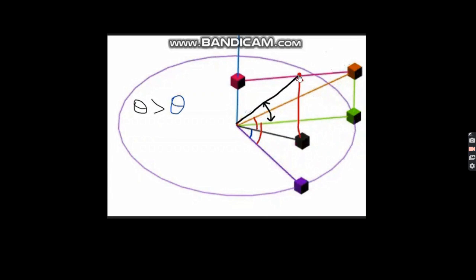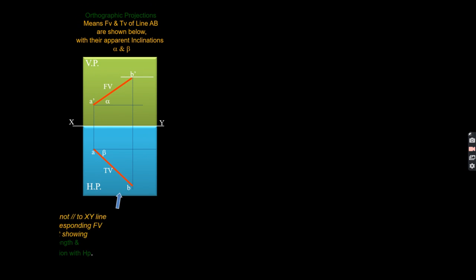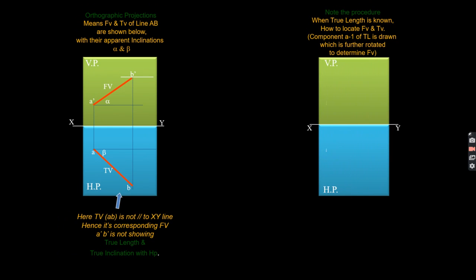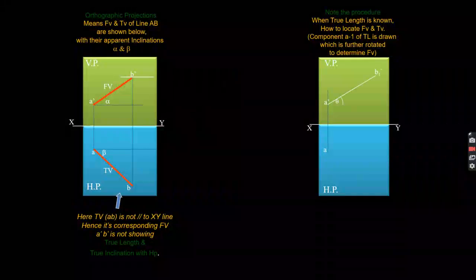When I draw the projection, the point will fall somewhere here, and when I join this point with the origin, you can see the angle is now more than the previous angle. That's the concept. Okay, we will draw the projection of the line. So for that, what I will do is first I will draw the projection of the line.